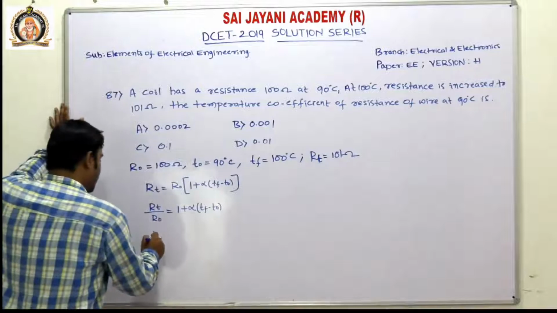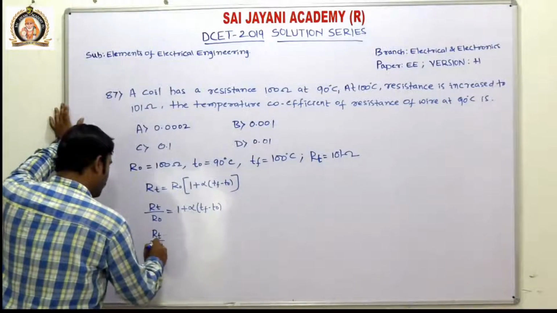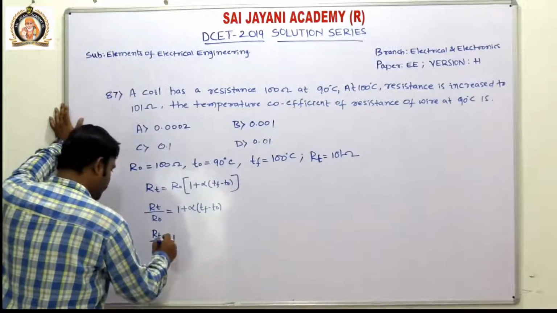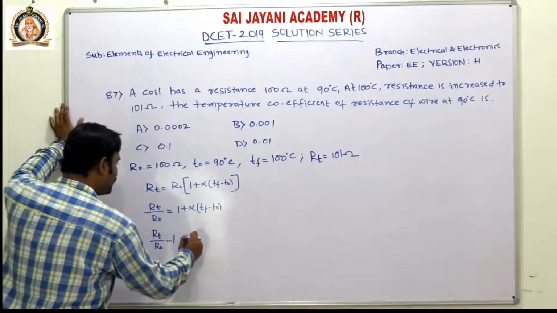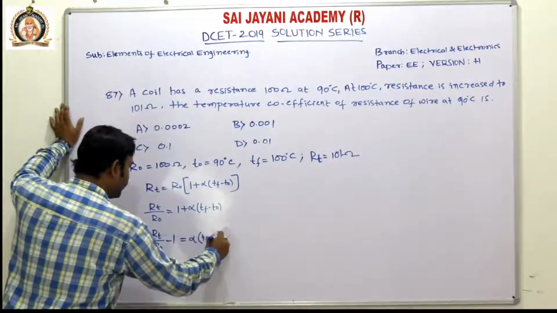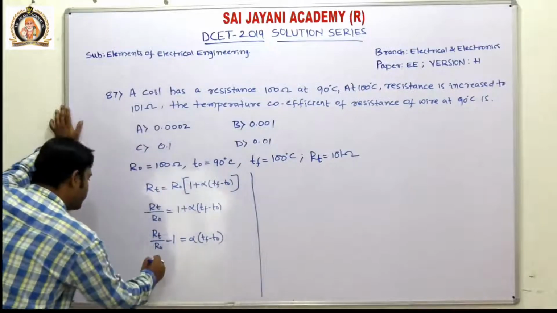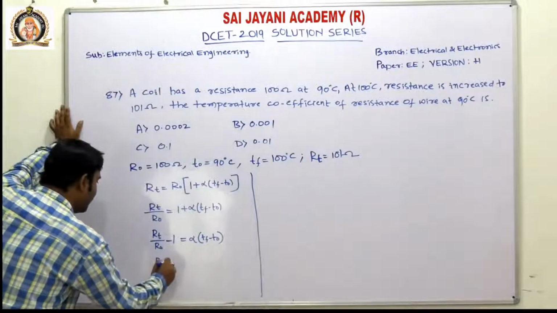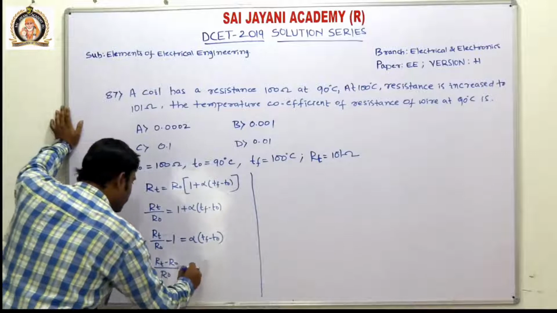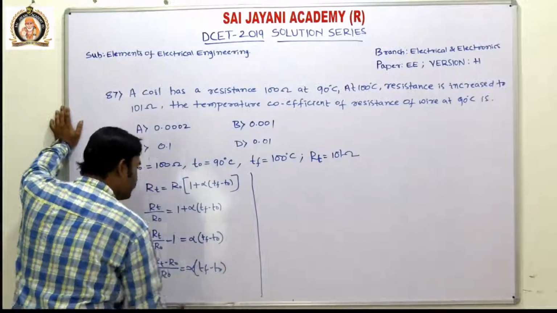Here plus 1 is there, if it comes here it will be RT by R0 minus 1 equals alpha of TF minus T0, right. So now take the LCM, RT minus R0 divided by R0 equals alpha of TF minus T0, right.